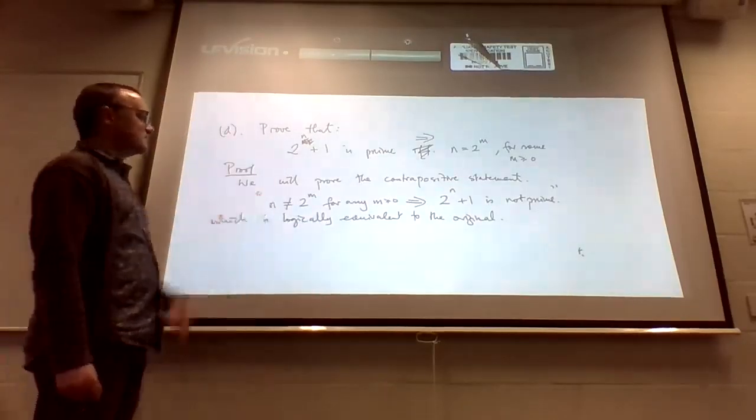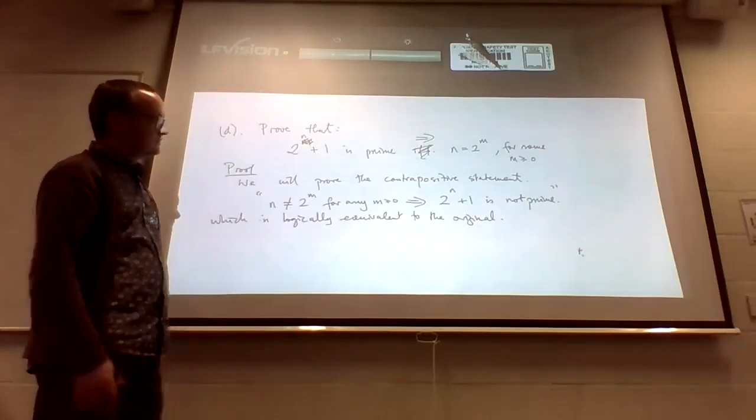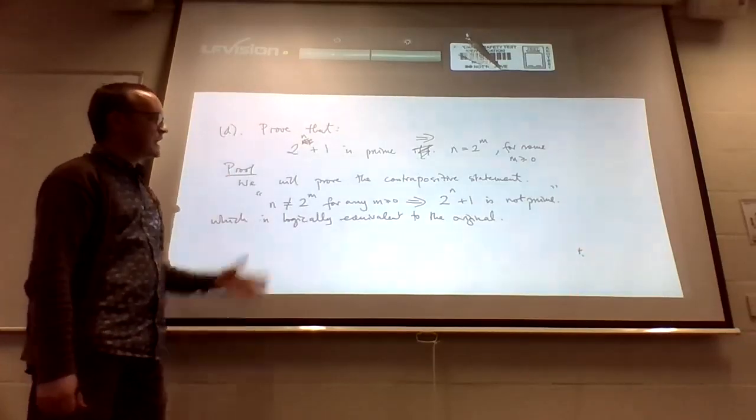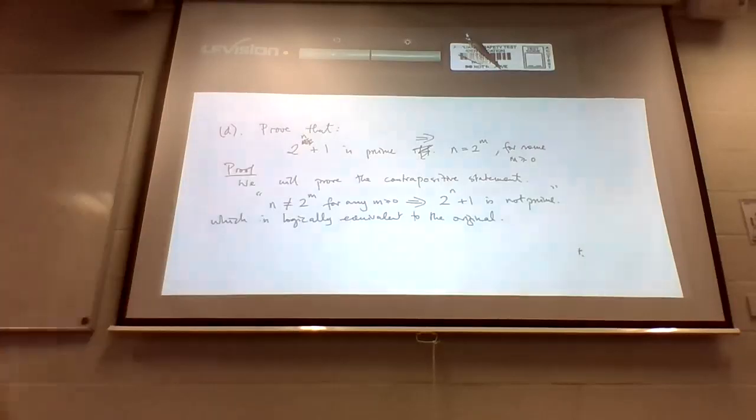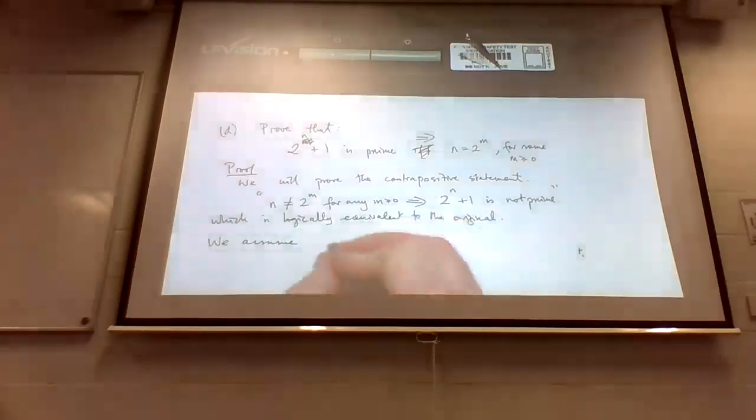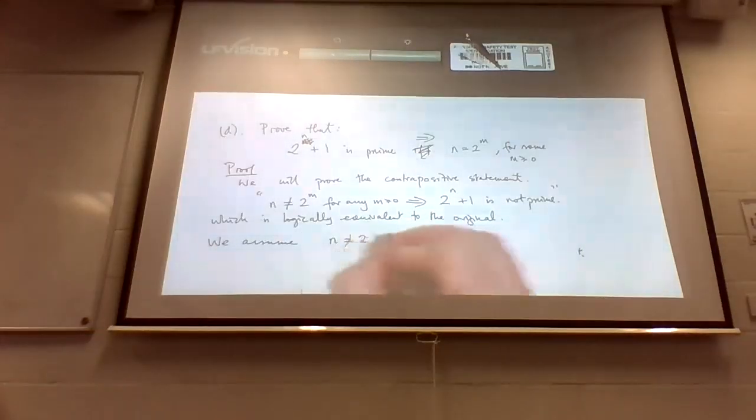It turns out this is the way the argument naturally falls out, to give a straightforward direct proof of this. So you assume the thing on the left, and then argue for the thing on the right. Okay. So we assume n is not equal to 2 to the m for any m.